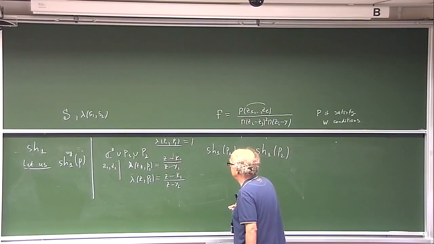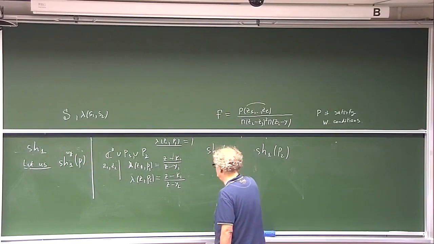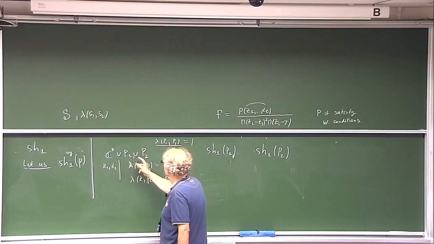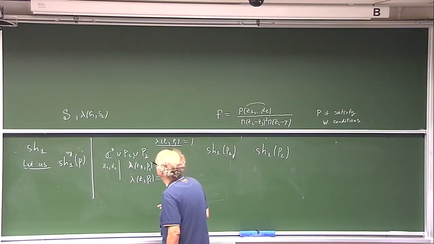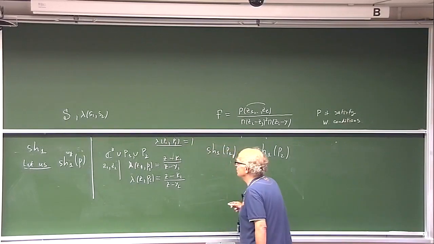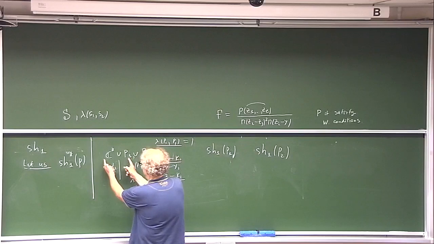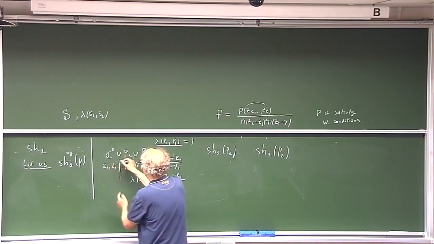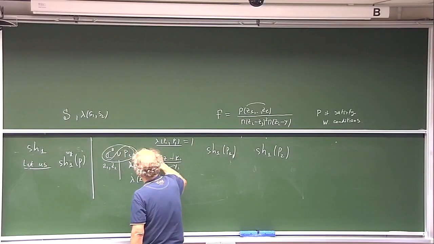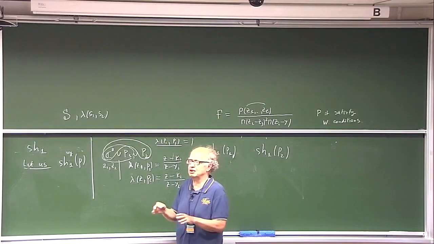We have such a space, and because we live in the algebra, we can consider the product. I can take a function on this part, and a function on this part, and just calculate the product in the whole algebra.